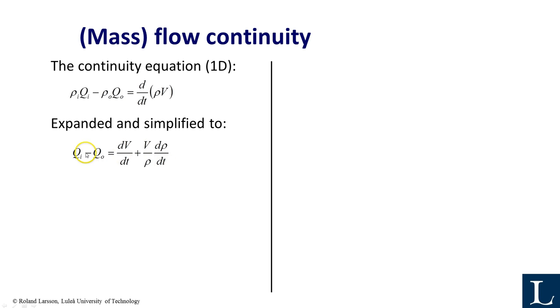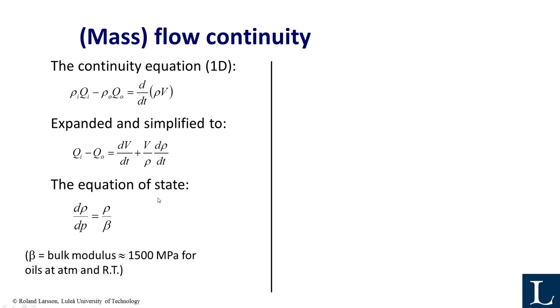And look here now that I assume that the density is about the same in both inlet and outlet, and for that reason I can just move the density term down here, so the density vanishes from this term and it comes here instead. So this is the expanded and simplified continuity equation.